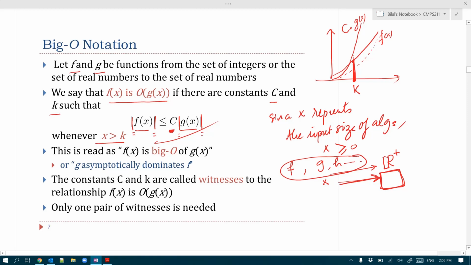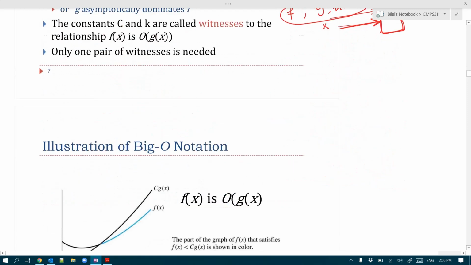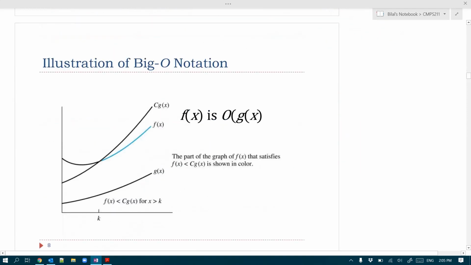So maybe we have a better visual here. Once again, you have your g of x here, and multiplying it by a constant factor, once again, c should not be a function of x, just a certain number, a fixed number, a finite number, would lift your curve a little bit and would help you to find a reasonable value k, starting from which for every x from now on, you would see that c times g of x is dominating f of x.